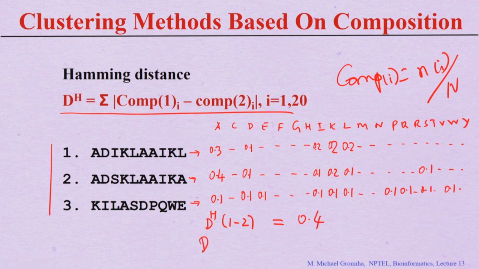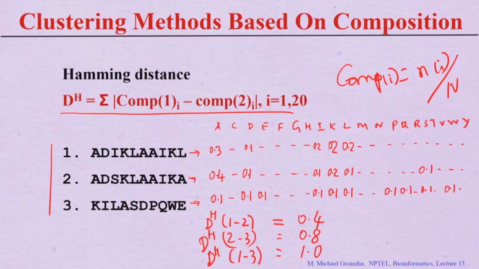Right, now the distance between 2 and 3, 0.8, very high. So, between 1 and 3, 1.0. So, we have 3 different sequences, right. We can calculate the Hamming distance between any pairs.